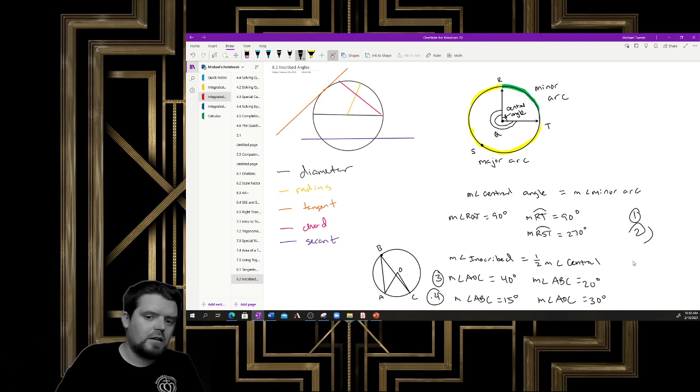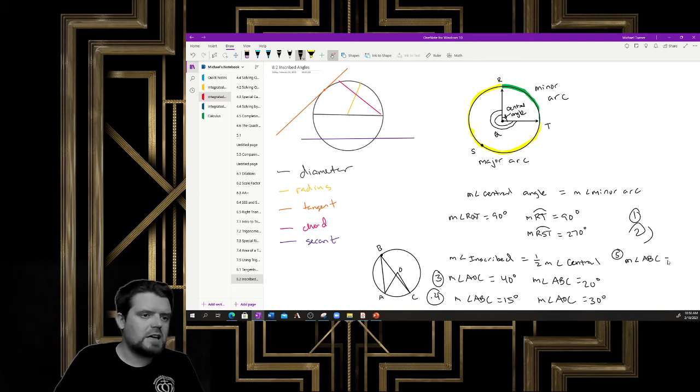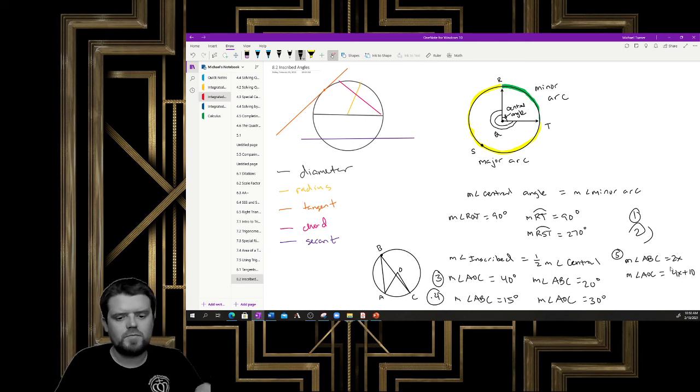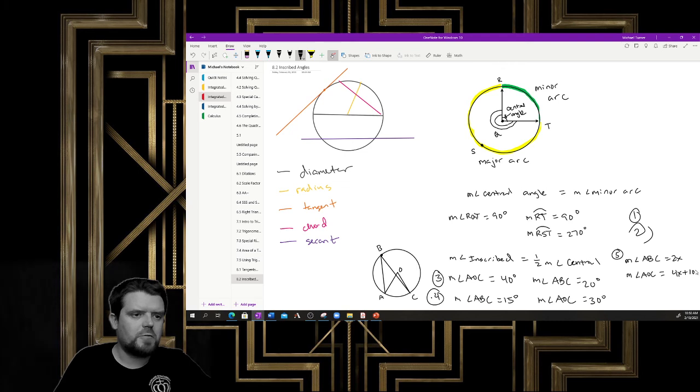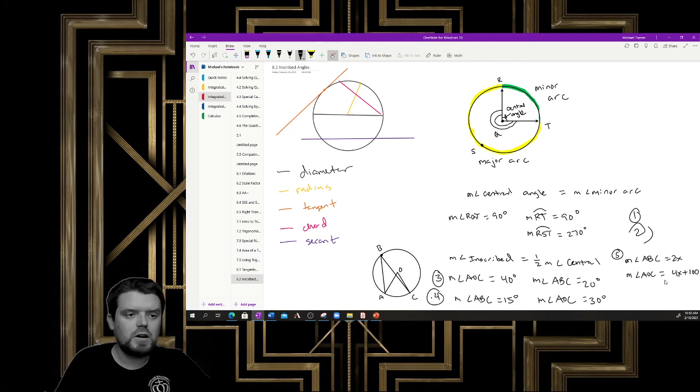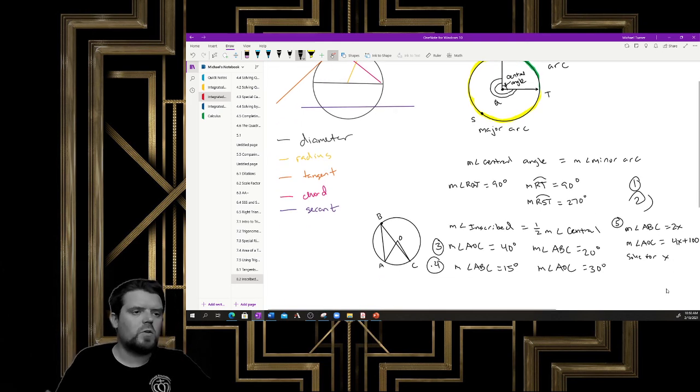So I could say, use the same diagram here, the measure of ABC is 2x, the measure of AOC is 4x plus 100, and solve for x. Okay. So if I ask you to do that, well then you've got to use this formula that we wrote to set that up.